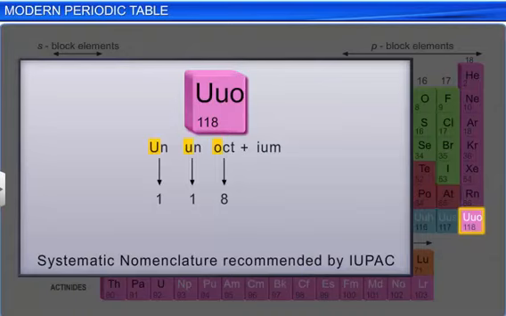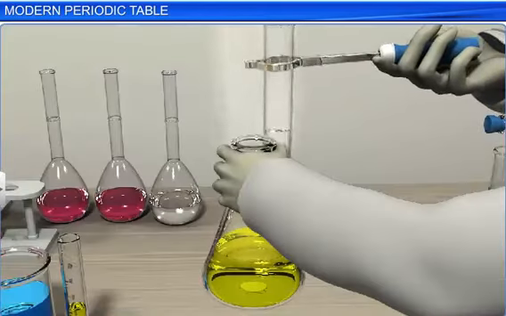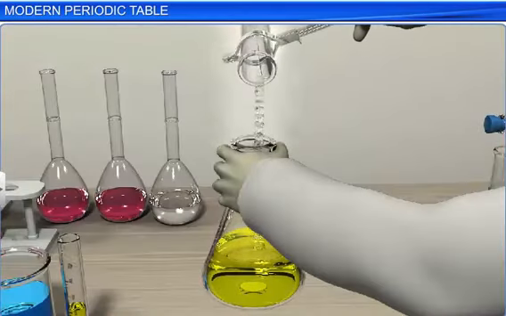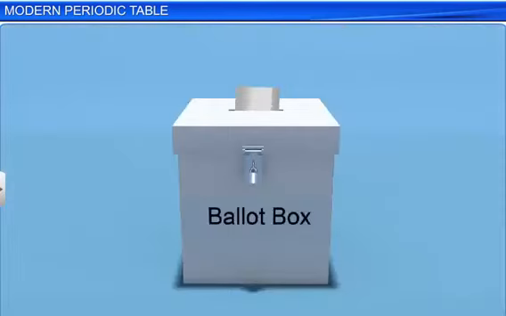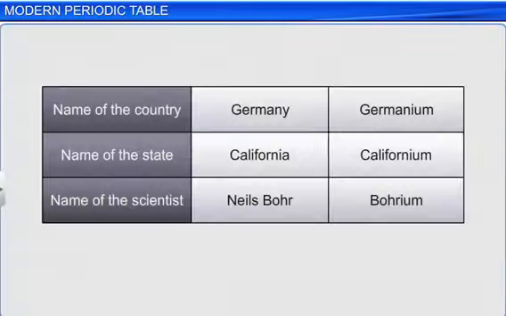After the discovery of the new element is proved, it gets a permanent name and symbol by a vote of IUPAC representatives from each country. The permanent name, thus obtained, might reflect either the name of the country or its state, like germanium, californium, and bohrium.